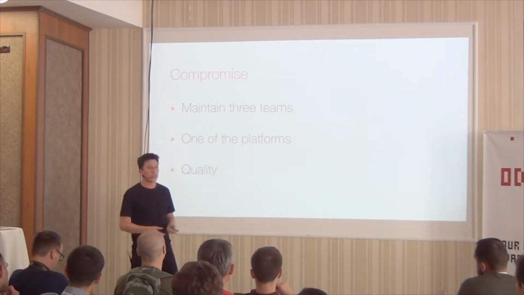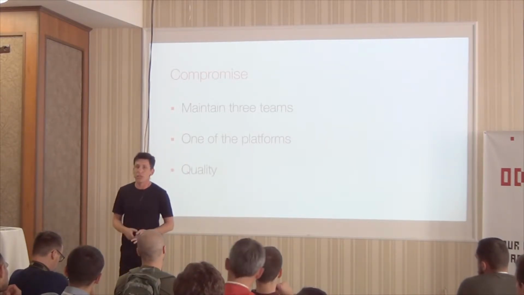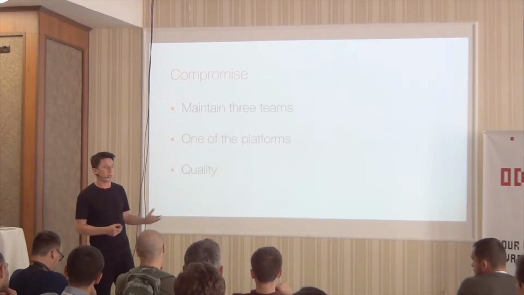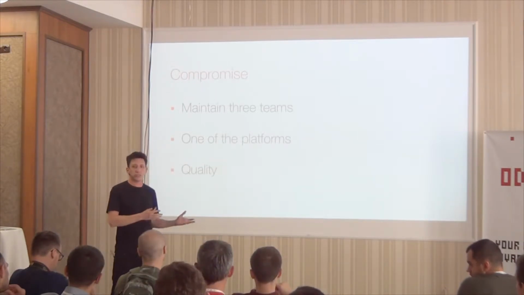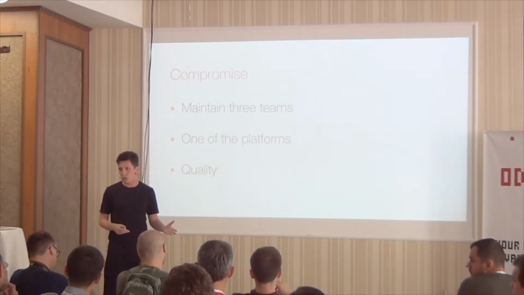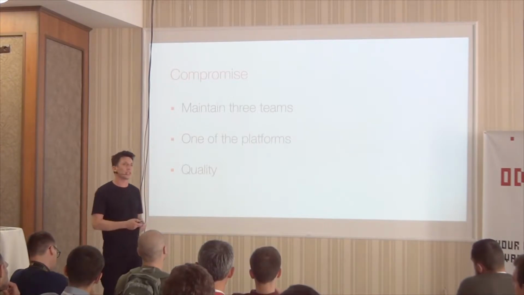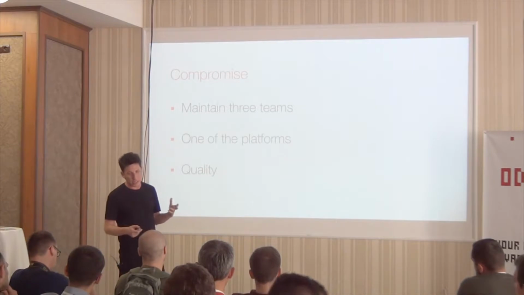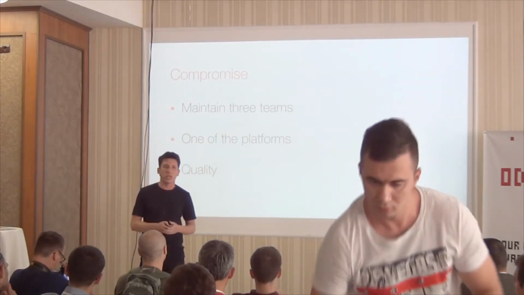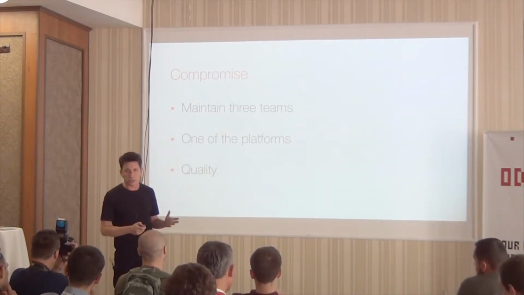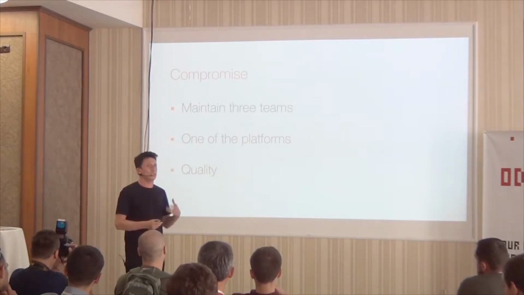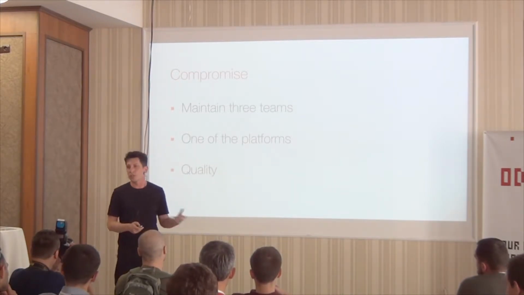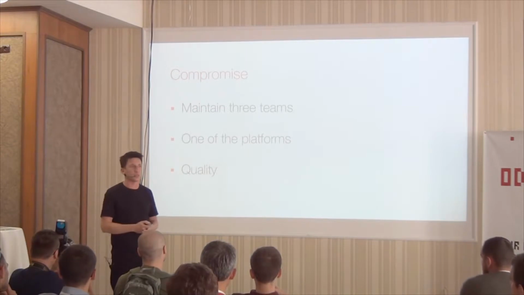Or they can compromise on the quality of the application and develop with web-based solutions such as Ionic and Cordova that are trying to simulate the native use with JavaScript, with web components, and the result is not good, because they are not using the optimizations that the native platforms provide them.